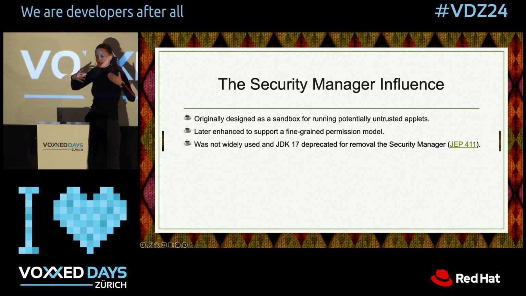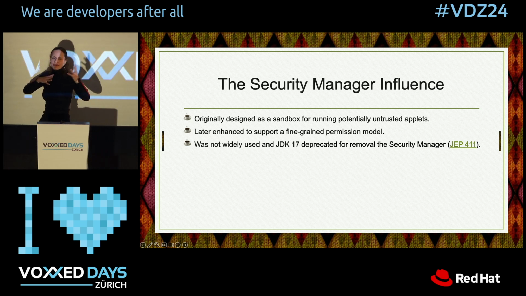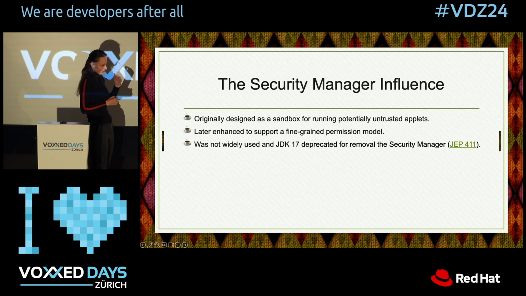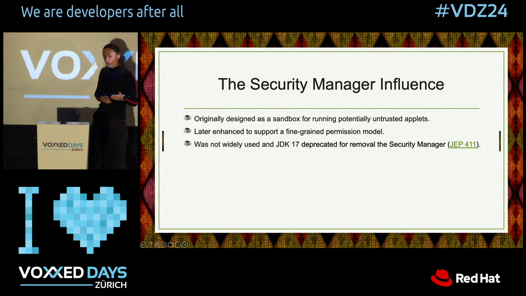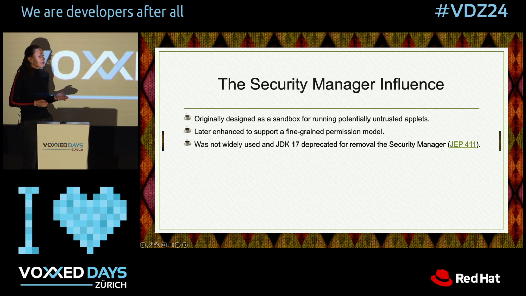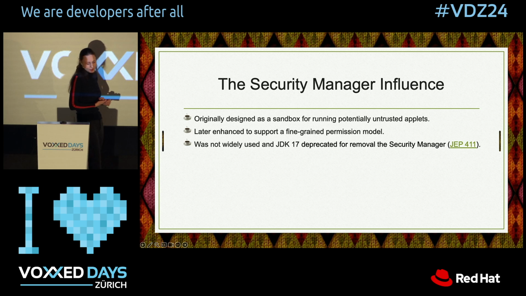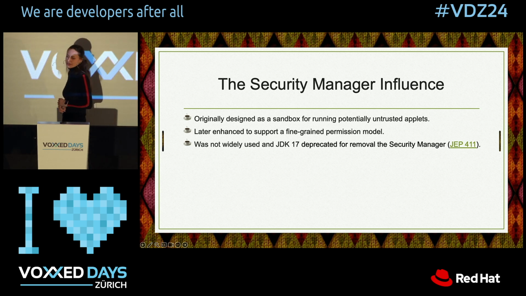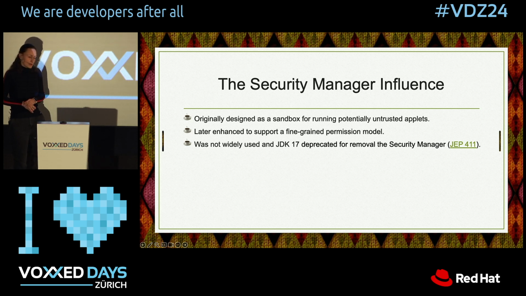The reason the security manager grew on people was that its initial implementation was later enhanced to support a fine-grained permission model. But even so, it was not very widely used. A lot of people believe that the security manager is important because of this fine-grained permission model, but it was not used that much.